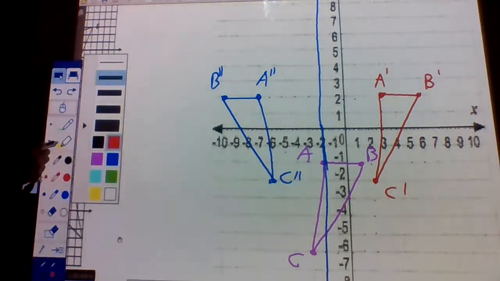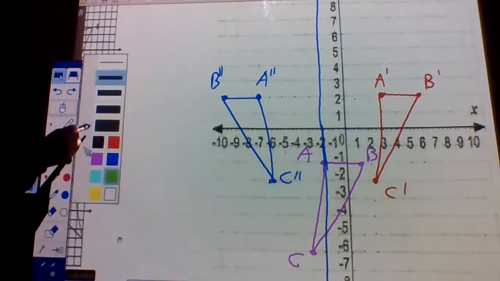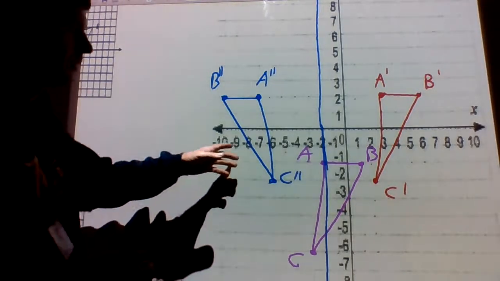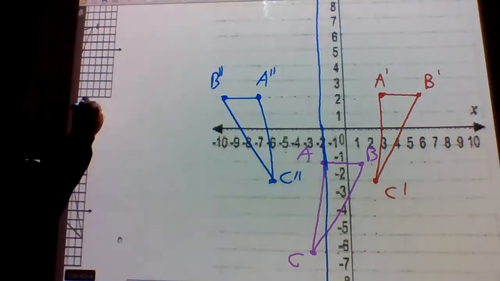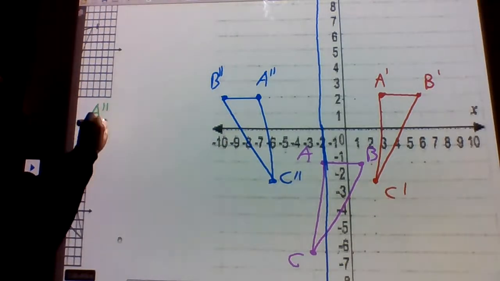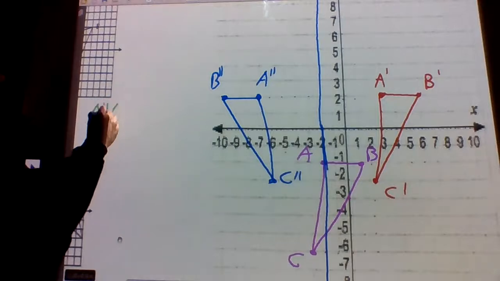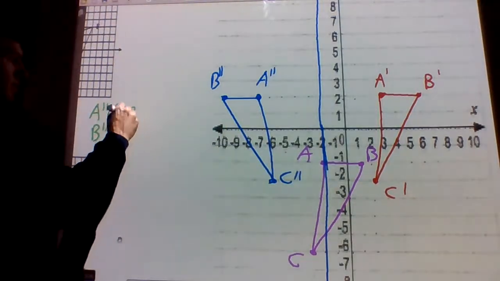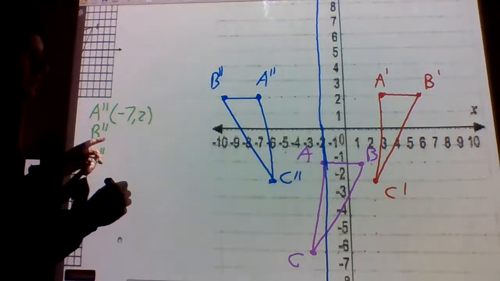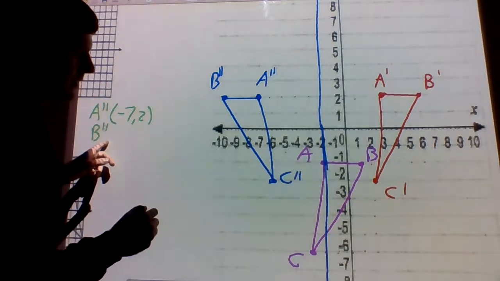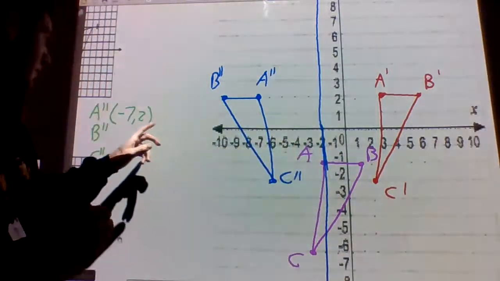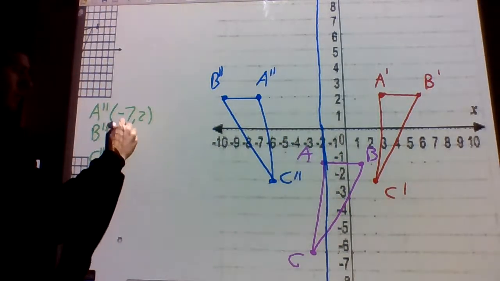Then we wanted to rotate 90 clockwise, I said. Okay, so let me write out my points here: A double prime, B double prime, and C double prime. A double prime is negative 7, 2. B double prime is negative 10, 2.